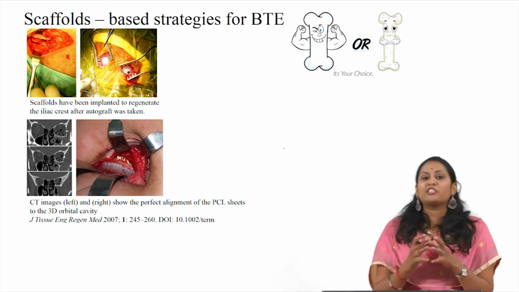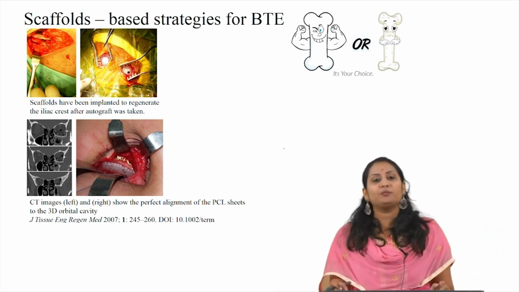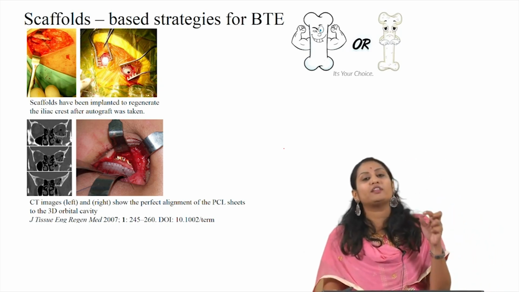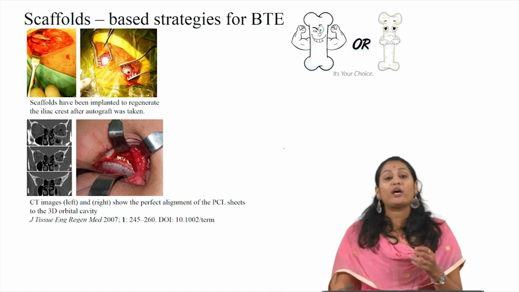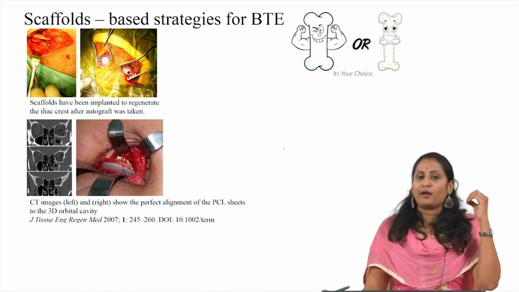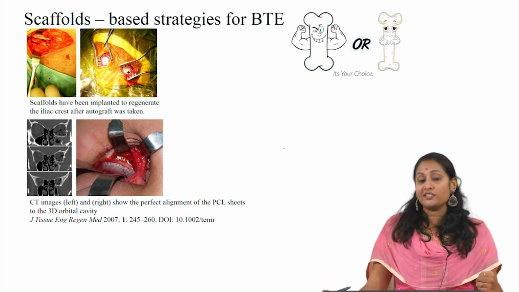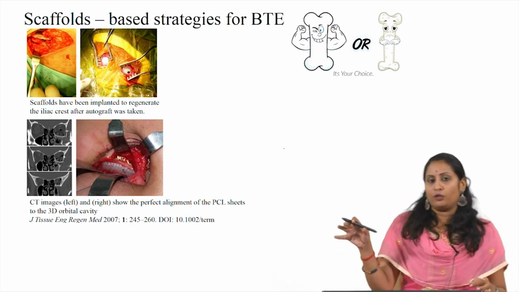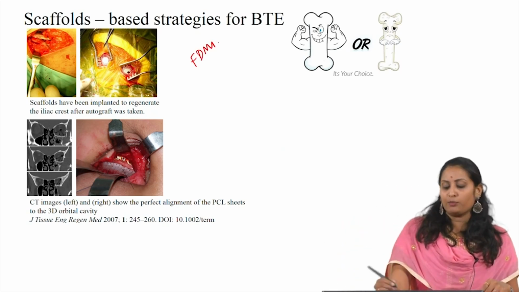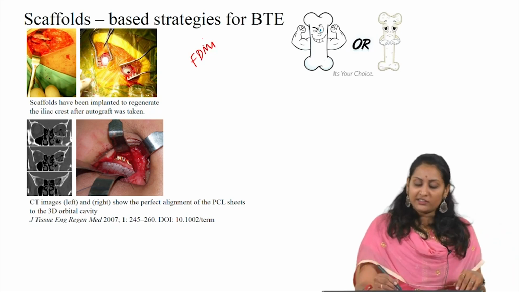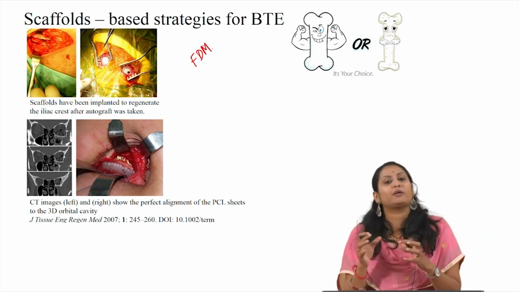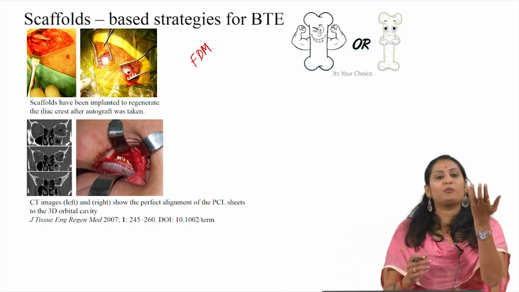These are called first generation scaffolds, developed by the group at the National University of Singapore in collaboration with Temasek Polytechnic, where they optimized the parameters for PCL, polycaprolactone, and its composites for the development of scaffolds by the FDM method. FDM is fused deposition modeling, which is nothing but a 3D printing method for the development of biomimetic scaffolds.